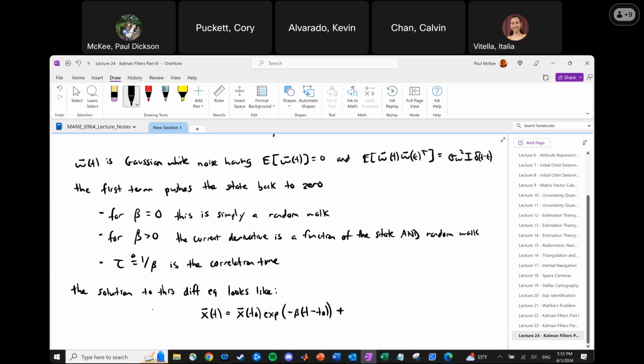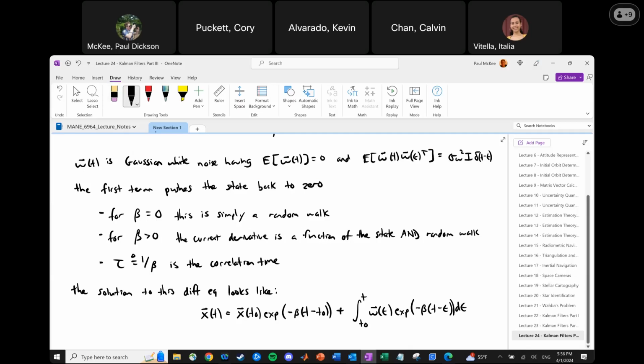So this is the exponential decay term, right? If this was the only term, this would just be this line, right? There'd be no random walk going on. But then we say, okay, well, we also need to take into account that there was some randomness at every infinitesimally short time period. So there's going to be an integral from t naught to t, and this would be omega of epsilon, exponential function of negative beta times (t minus epsilon) d epsilon.